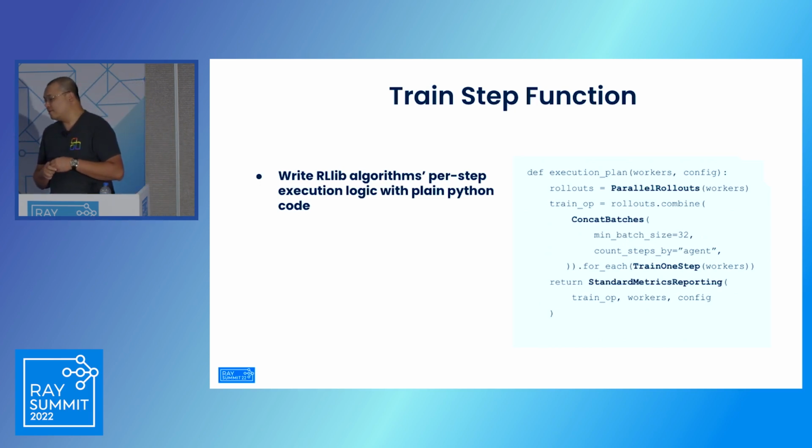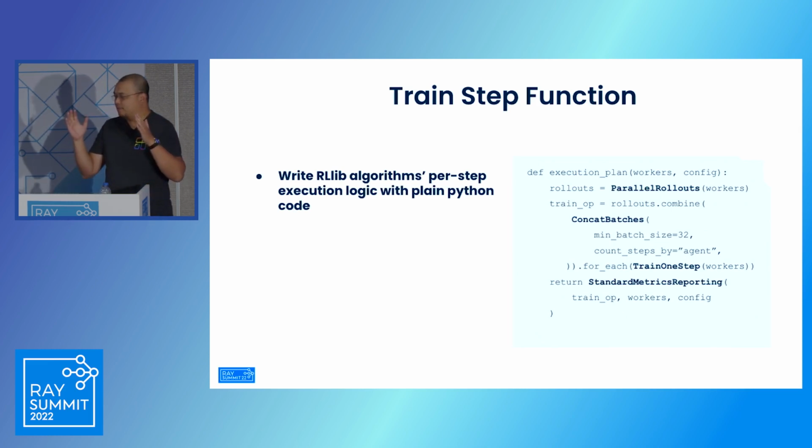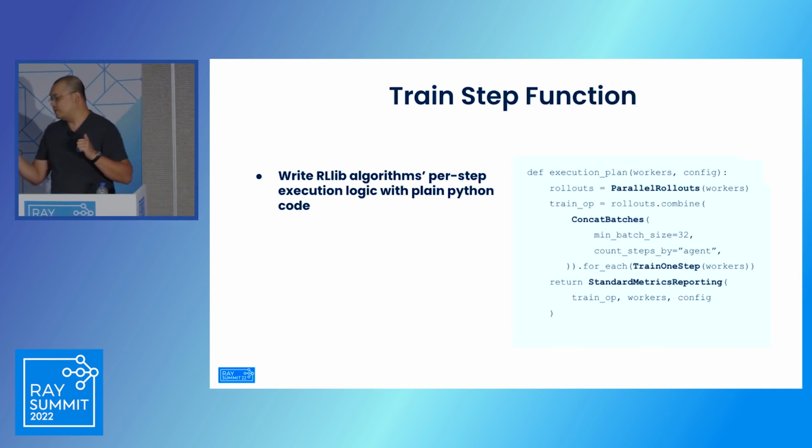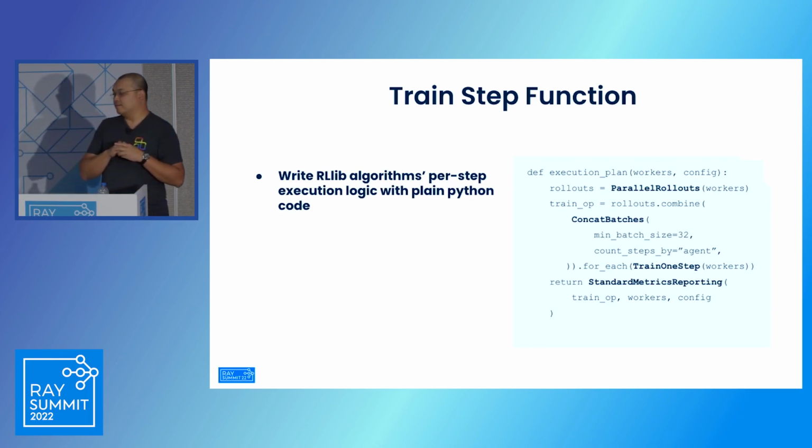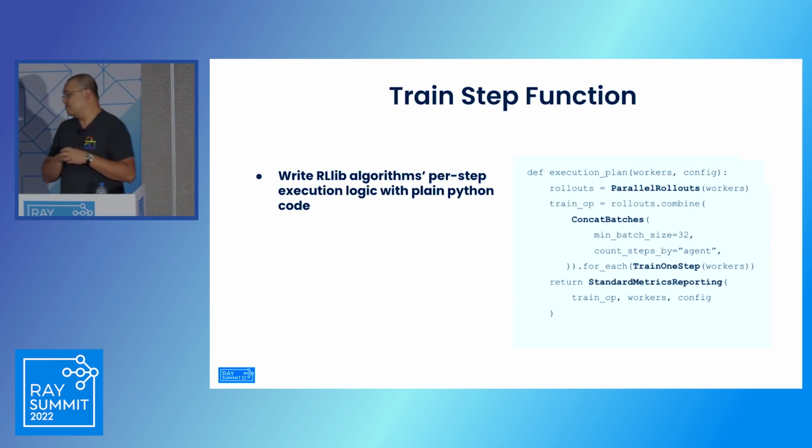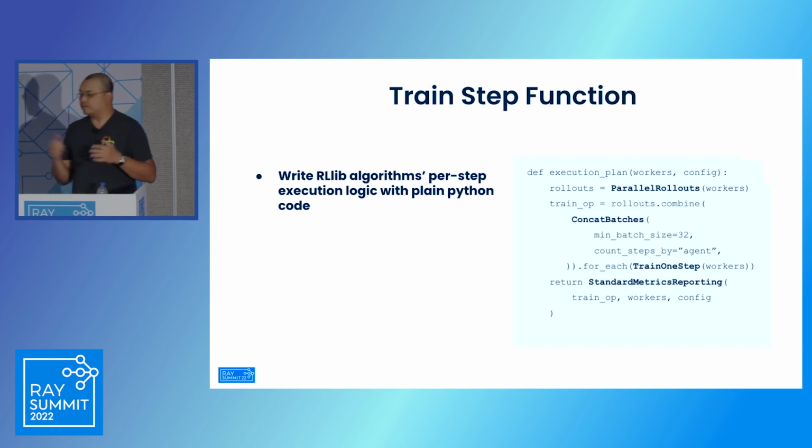You can think of this execution plan as a TF1-like static graph definition, where the RLlib team provides you with primitive operations, for example parallel rollouts, concatenating the batches together, doing the training step, and then metrics reporting and weight synchronization.